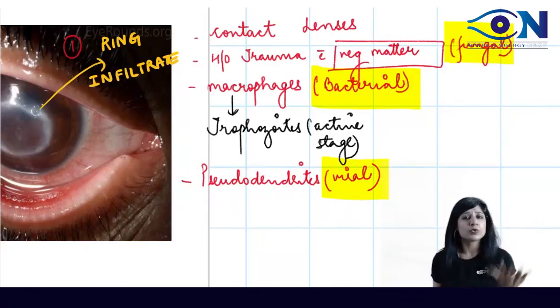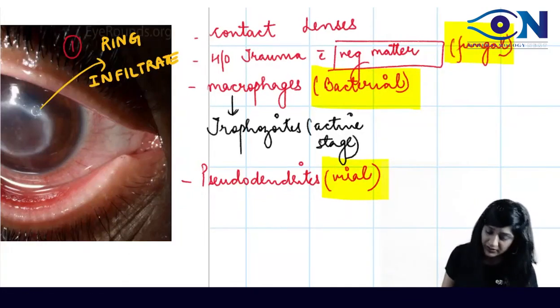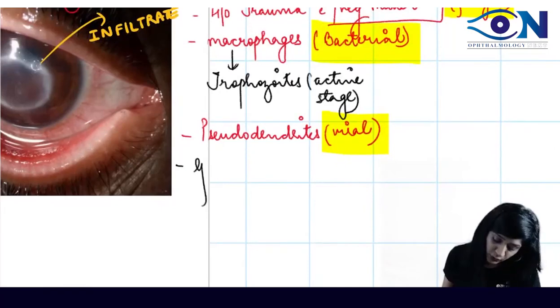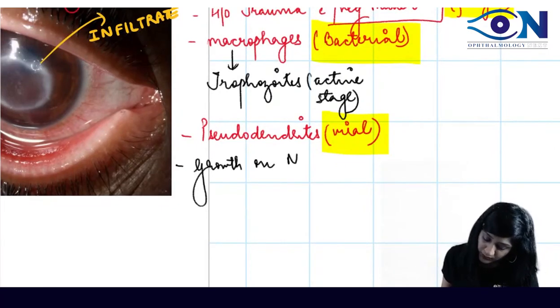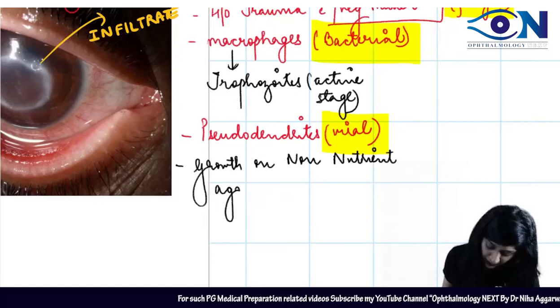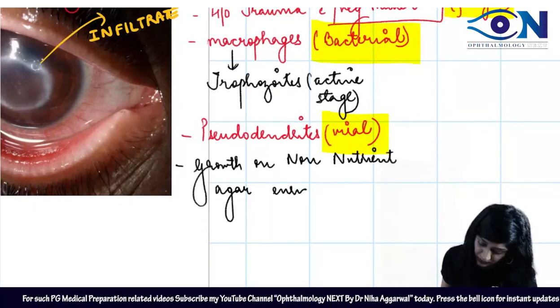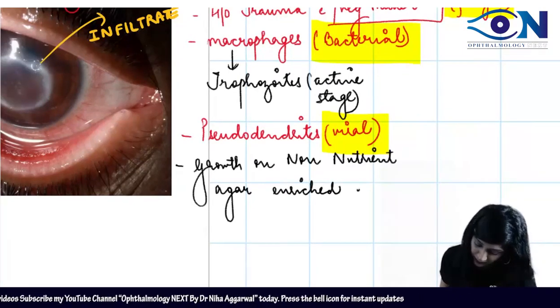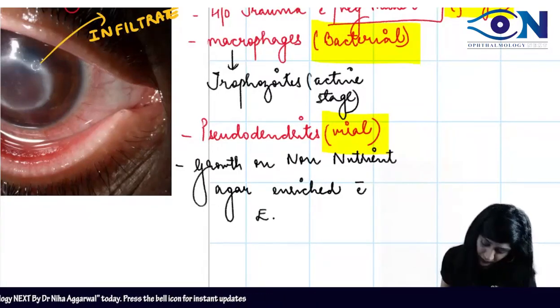So how to find out what type of ulcer this is? You can see growth on non-nutrient agar, non-nutrient agar enriched with E. coli.